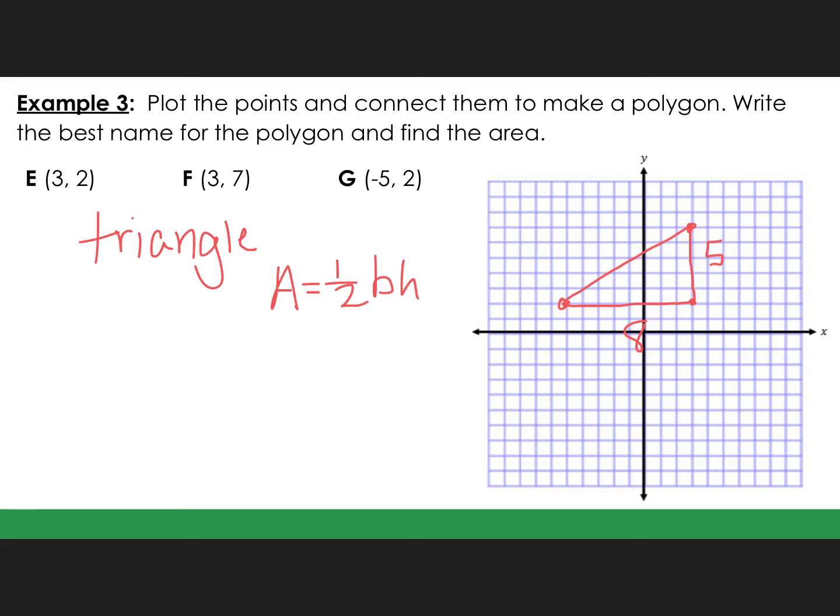So the base is 8, and the height is 5. So I plug that into my formula. I multiply these. And it's 20 units squared.